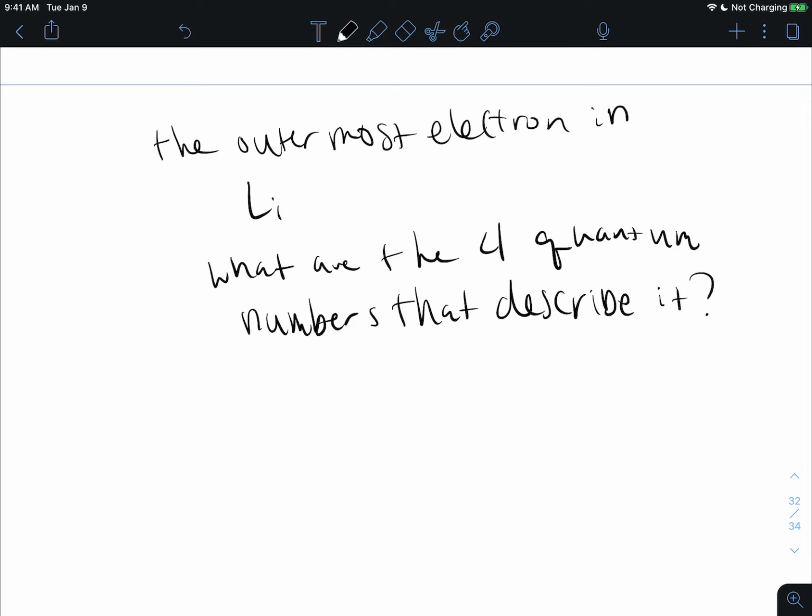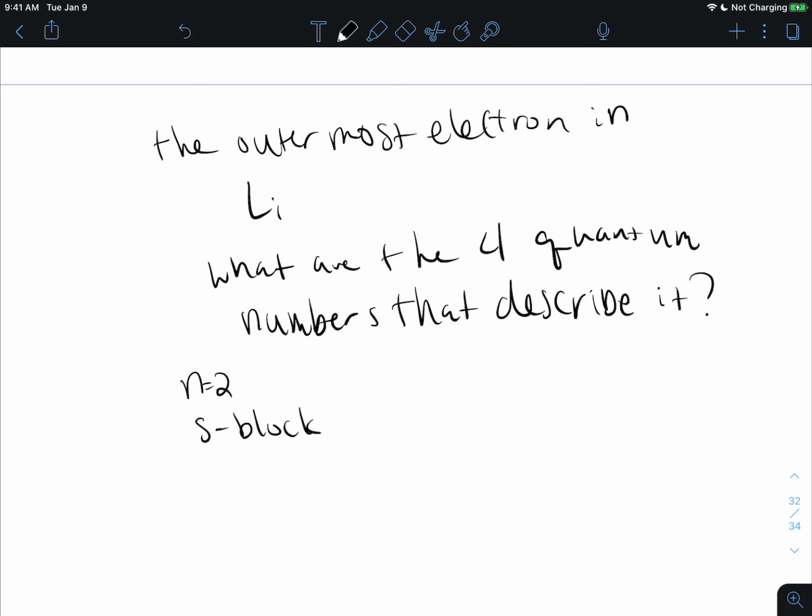Okay, so lithium is in the n equals 2 period, and it's the very first atom in there, so it is in the s block.